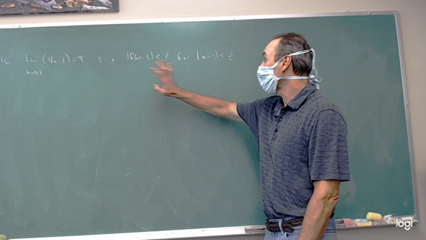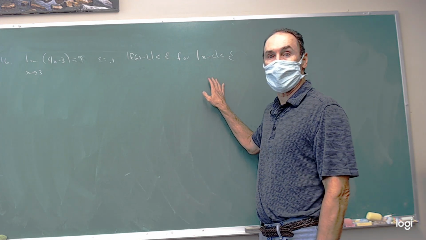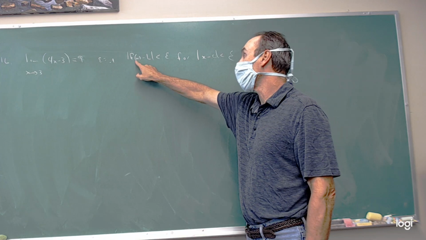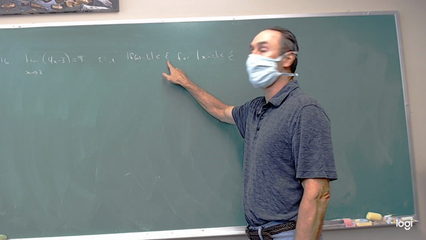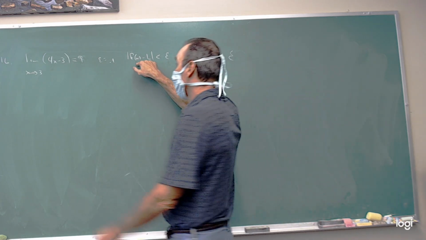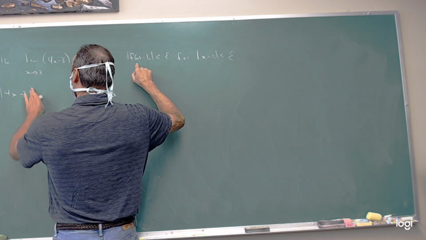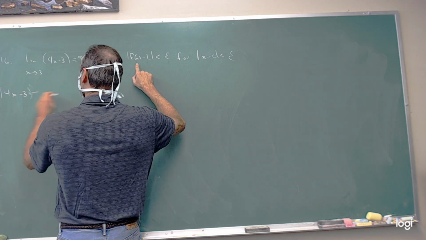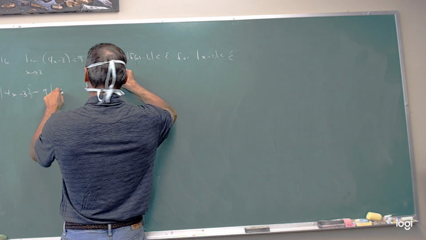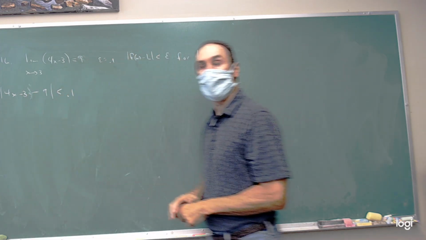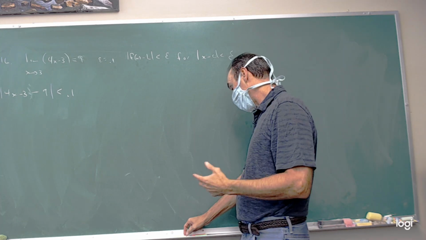So you're always going to start with this and try to end here. To start, we plug in the f of x, the L, and the epsilon. The f of x is 4x minus 3, the L is 9, and the epsilon is 0.1. It helps to know where you're aiming.